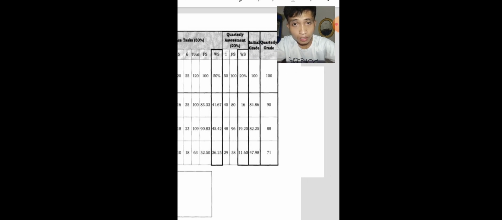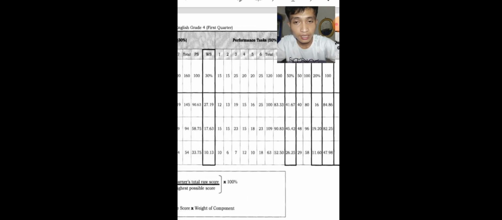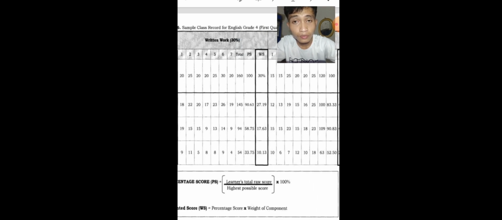Then quarterly assessment, learner A got 16. So to sum it up, the total or the initial grade for learner A is 84.86.